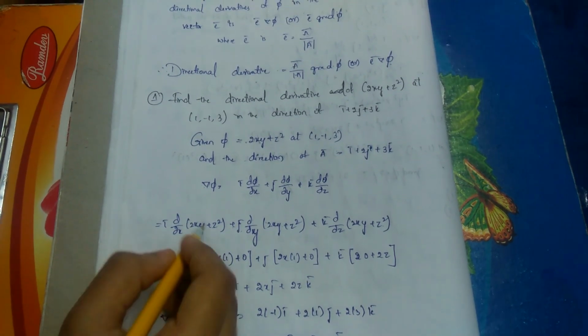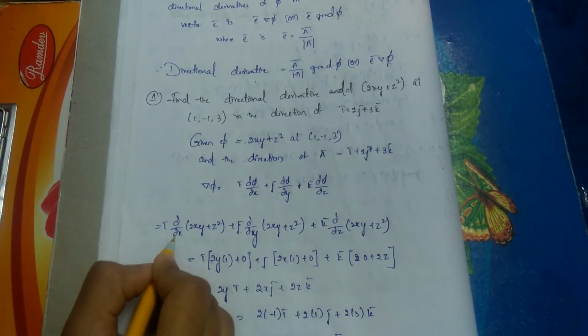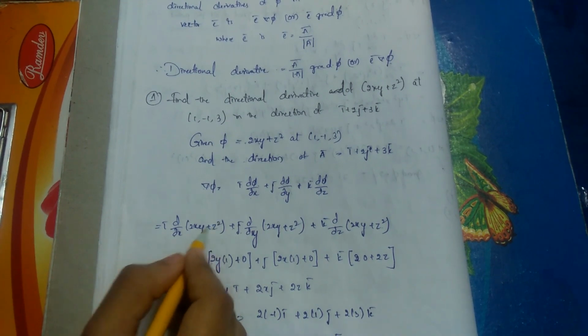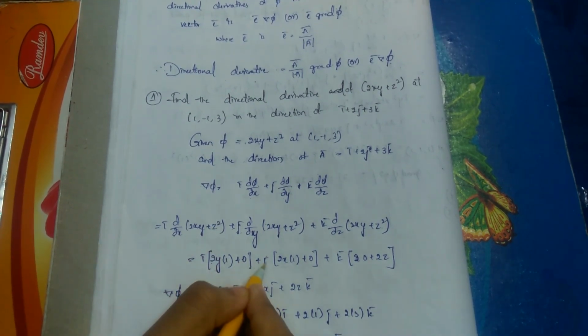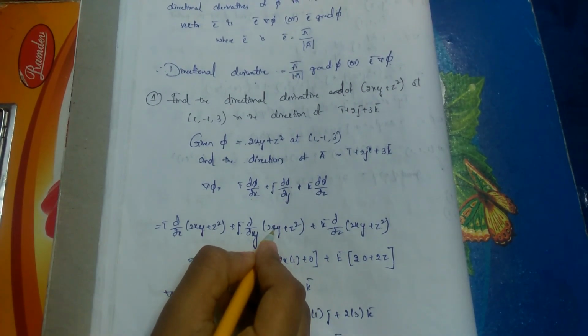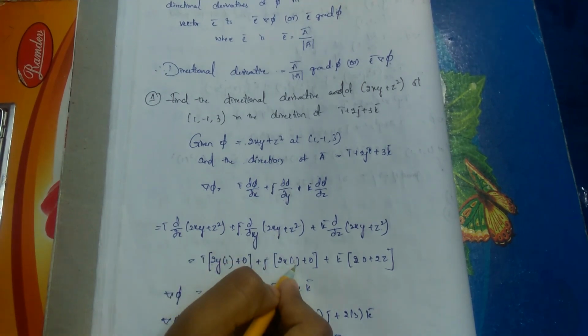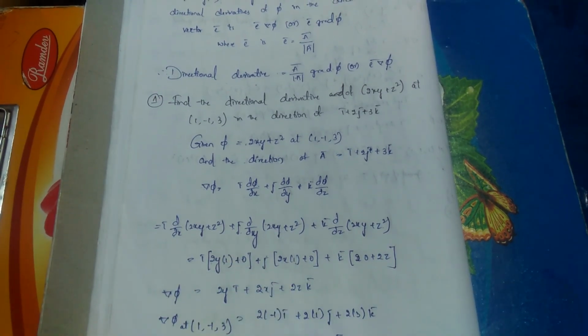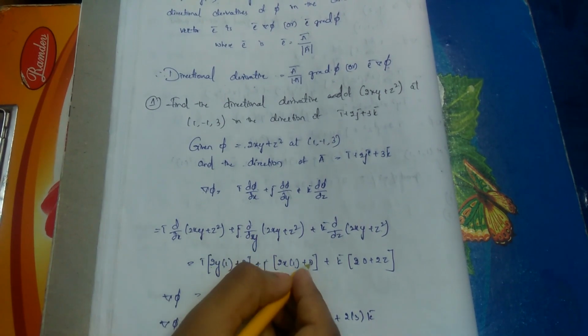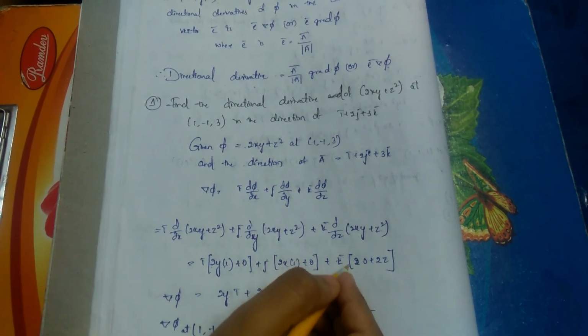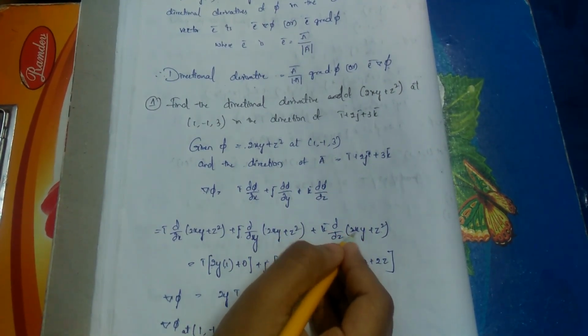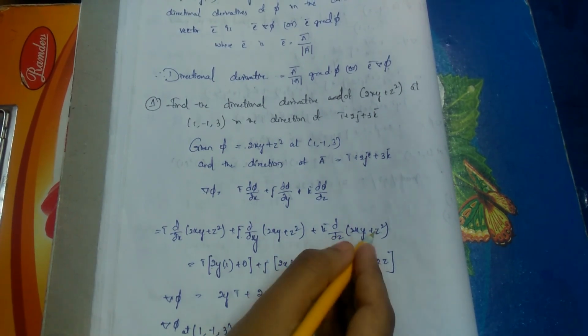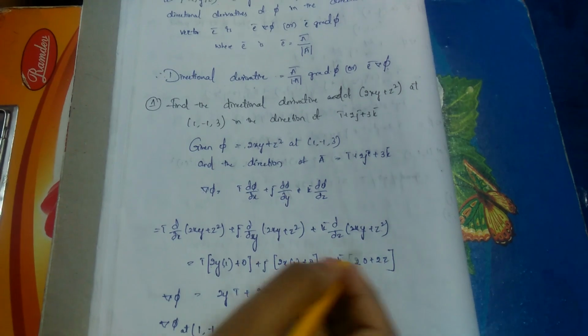i bar into, here 2y is constant, x differentiation is 1 and z square differentiation is 0, plus j bar into, 2x is constant and y differentiation is 1, plus z square differentiation with respect to y is 0, plus k bar into, here in 2xy there is no z variable, so differentiation becomes 0 and z square differentiation is 2z.